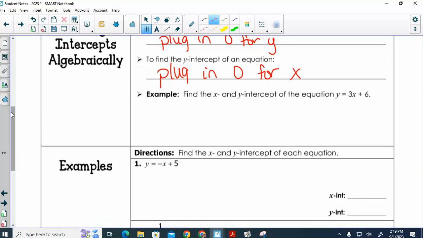All right. So let's say I want the x and y intercepts for this equation. So my x-intercept. If you are on the x-axis, we know y is 0. So for an intercept, the opposite variable is 0. So I replace my y with a 0.